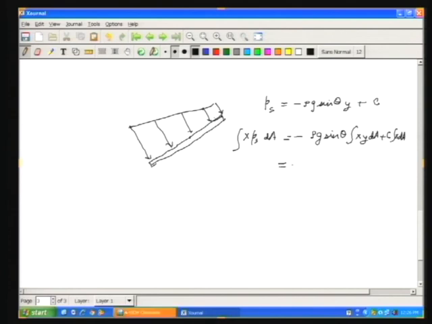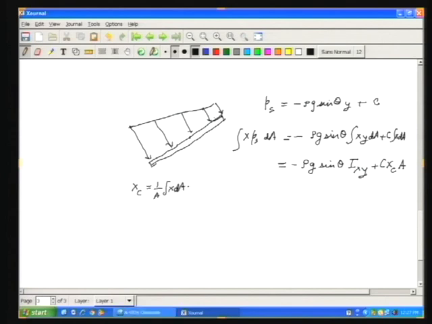So, this I can write as minus rho g sin theta into I x y, where I x y is the product of inertia, and this I can write as c into the x c into a, because x c is 1 upon a integral of x dA.